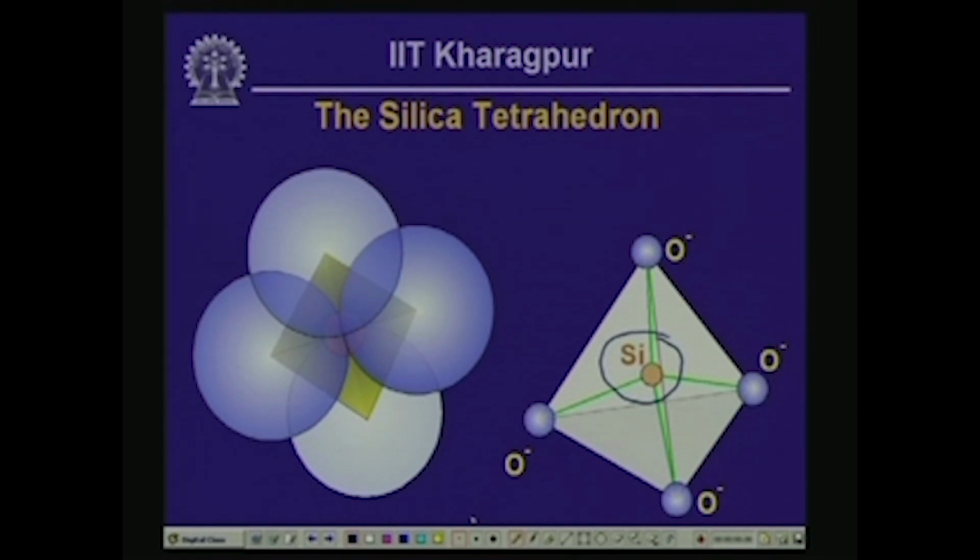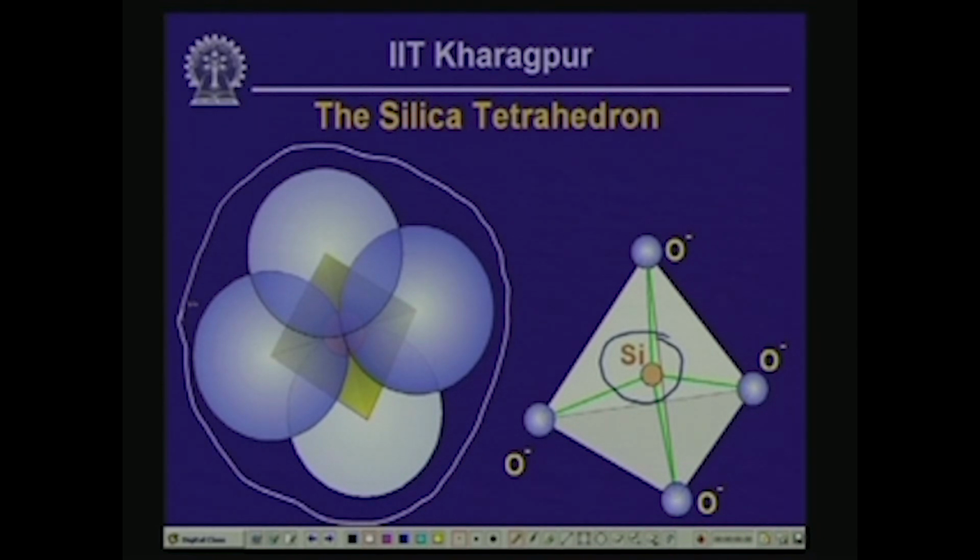Now, if we do that, then the picture that we are going to get is shown on the left side of the slide here. So, this one is a depiction considering the size of the individual atoms with which the silica tetrahedra is composed.